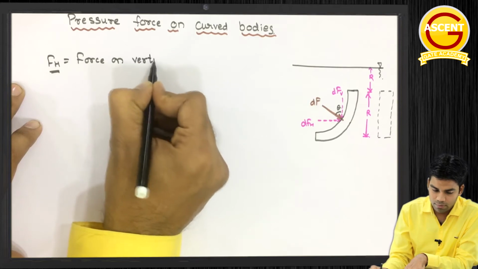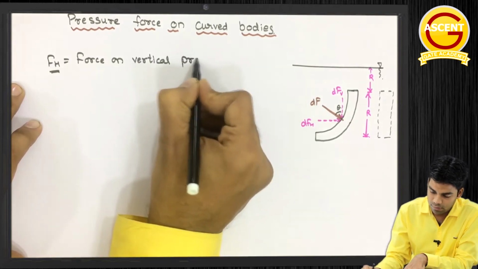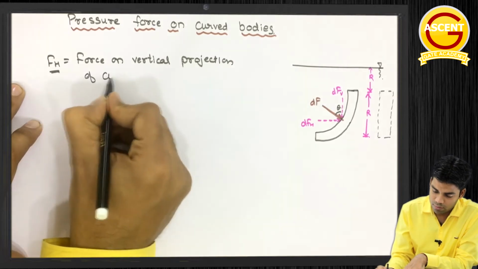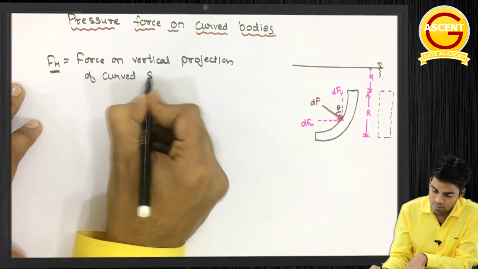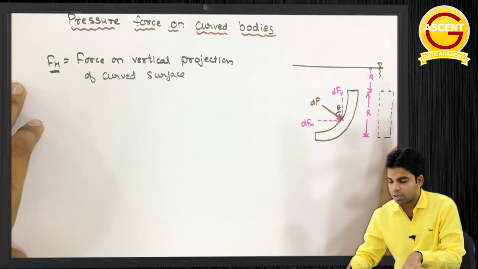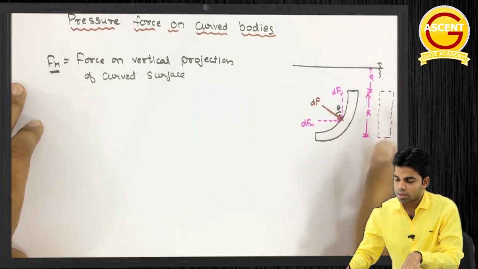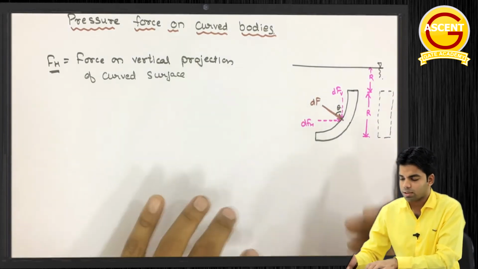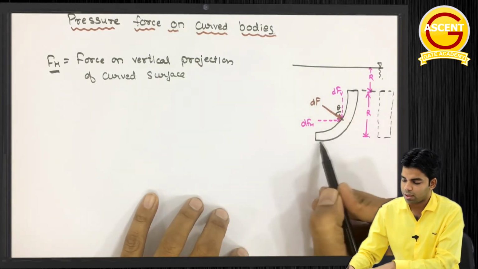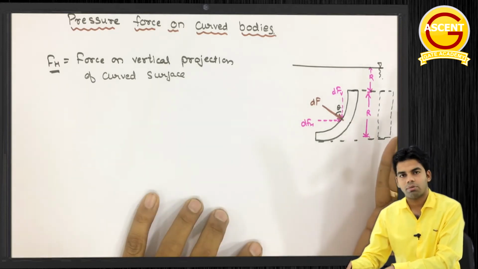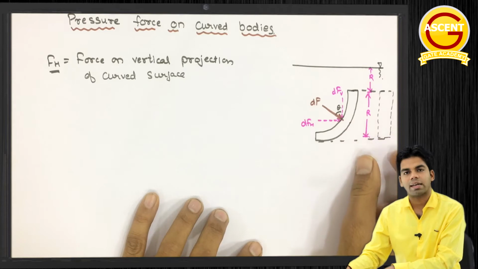Getting this or not? Okay, so this Fh is nothing but the force on the vertical projection of the curved surface. That means this curved surface, I vertically projected it, and whatever force is acting on this projection. When I am projecting the curved plate vertically, I am getting a rectangle here.